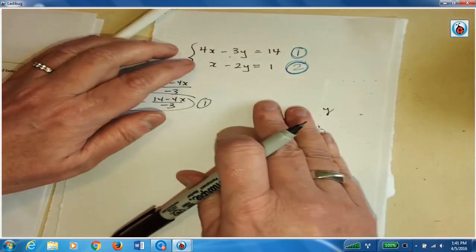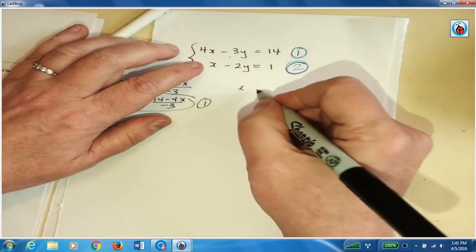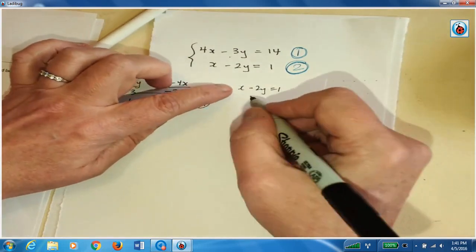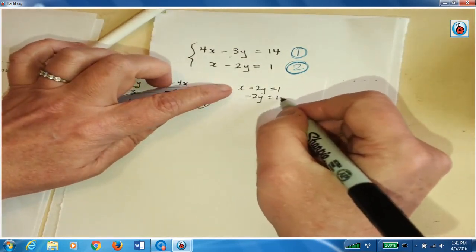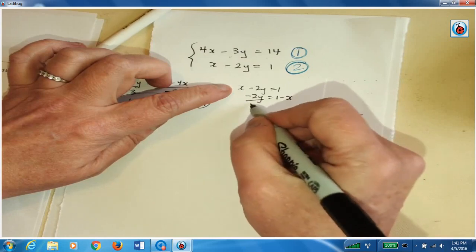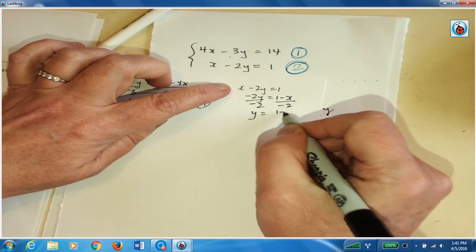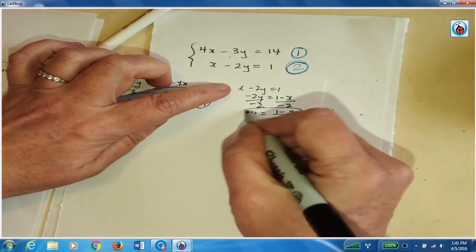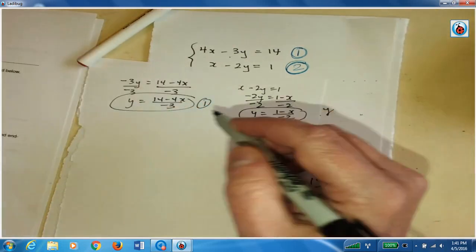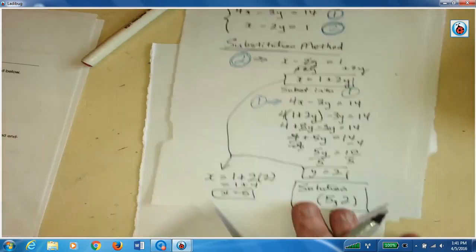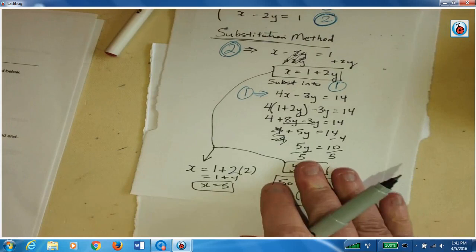And with the second equation, I would have to subtract x from both sides. And then I'd have to divide everything by negative 2. If I want to see these in my calculator and confirm that that's the correct solution.